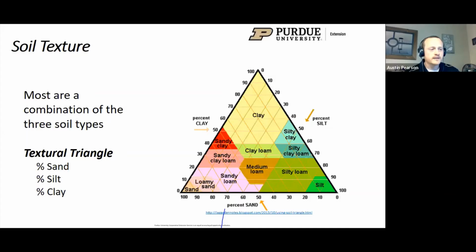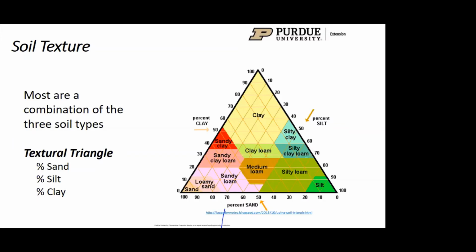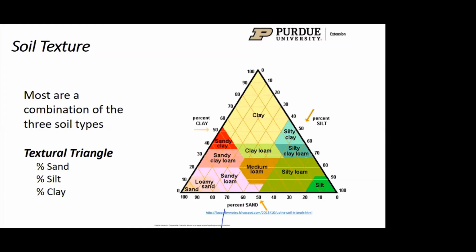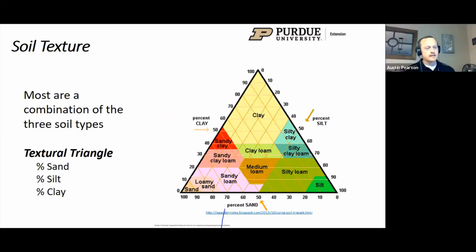It's really hard to find a pure sand, a pure silt, and pure clay in nature. So a lot of the soils throughout the United States and our areas are a combination of 3 different soil types. So you've got a percent sand, a percent silt, and a percent clay. You can see the percent sand is down on the bottom of the triangle, and those arrows actually go up and to the left. So the arrow pattern there you can see on that slide.